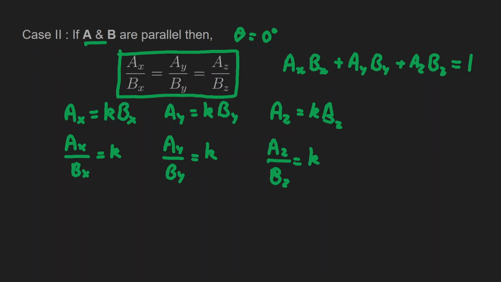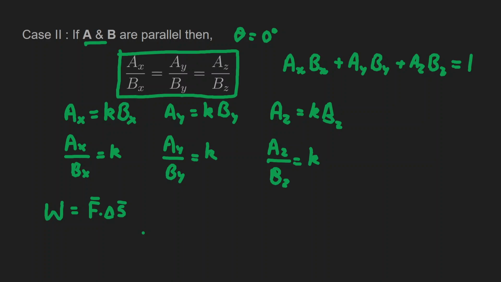Now where do we use the scalar product? A very simple, known physical quantity is work done. Work done is force into displacement, delta s or ds, whatever you want to write. Let us write it as delta s for now. Force is a vector, displacement is also a vector, so the dot product of these gives a physical quantity, work done.